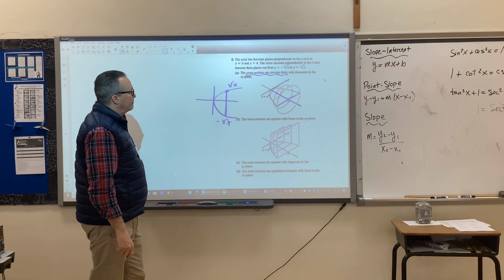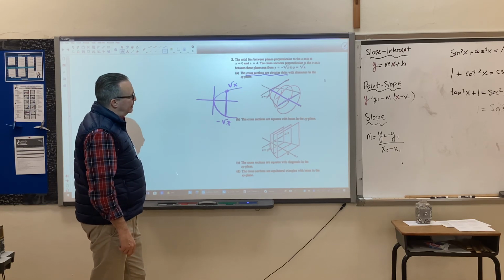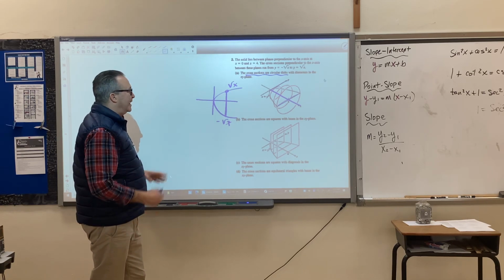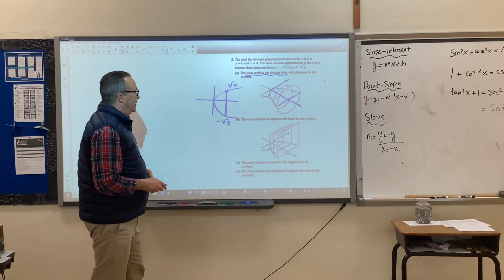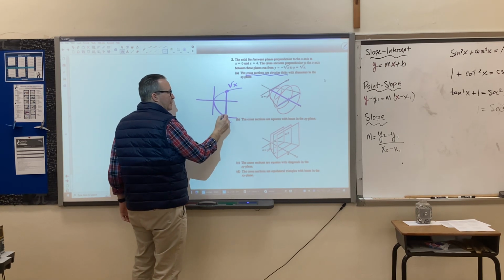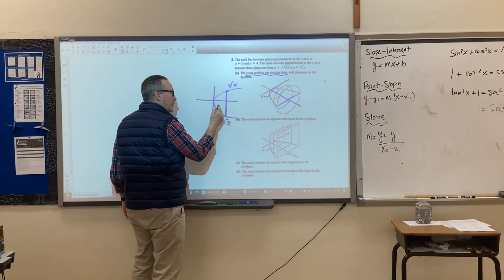So this is not the base of the solid. This is like the center of the solid. And if I made a circle with this being the diameter, the circle would come out here and we go in there, right?